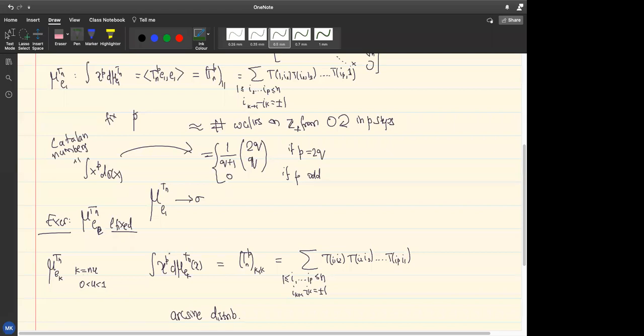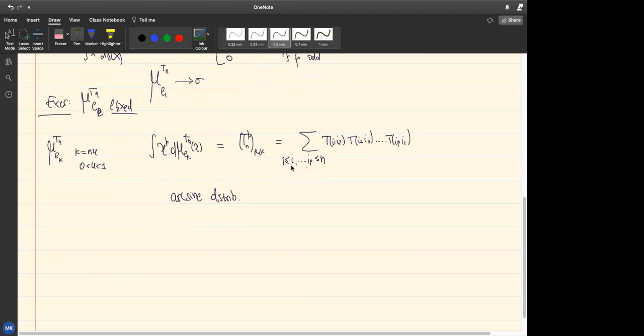Then the pth moment of that is just the (k, k) entry of Tn to the p, which is expanded like this. Sorry, I did not write it correctly, so let me erase this. k is fixed now. So here i1 has to be equal to k.